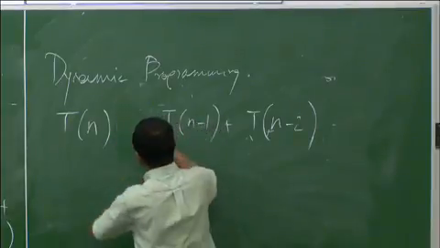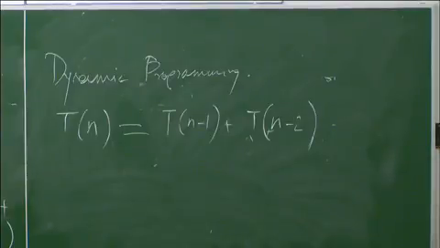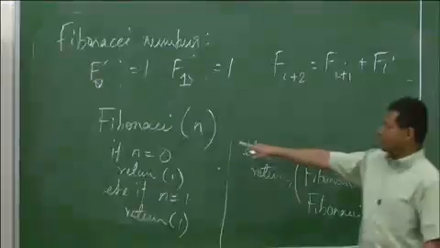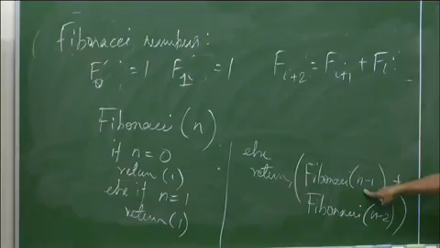Let us just do a very simple relation. I am just claiming that in order to solve a problem of size n, I have to solve a recursive call here, I have to solve a recursive call here. I am going to assume that addition takes no time, so that makes it equal, I am done.